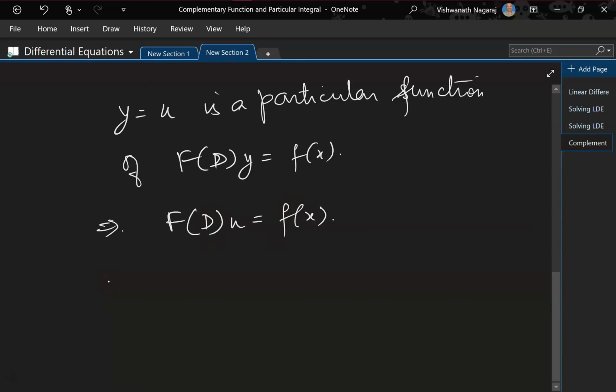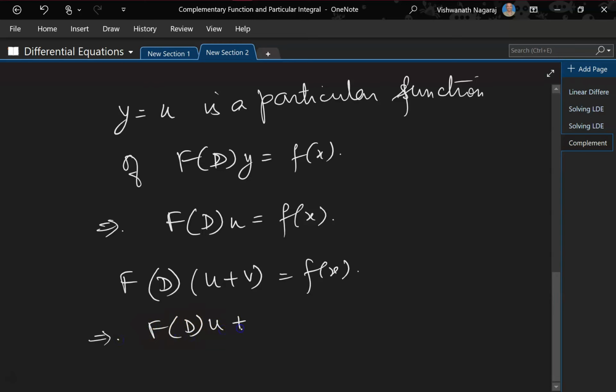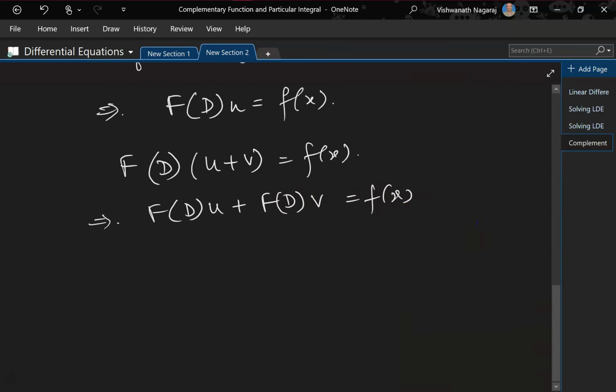Now what we'll do is say f of D of u plus v is equal to f of x. Now this can be written as f of D u plus f of D v is equal to f of x, one of the rules.